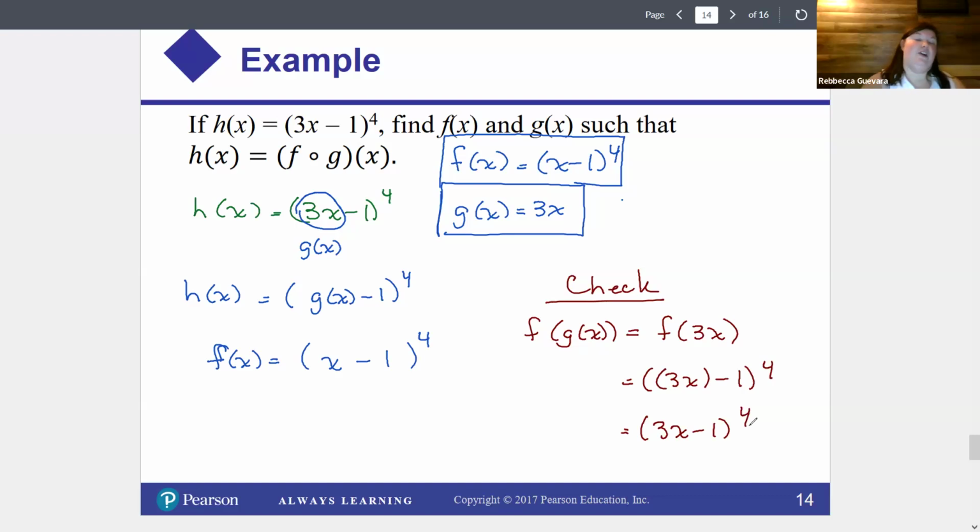So as I was saying, there are multiple ways that we can do this. What we just want to find is something that is a function, something like 3x or 3x plus 1, something that still has that x in there. We're going to use that. We have to pull out those x's for that decomposition.